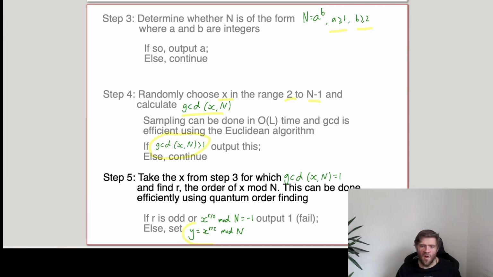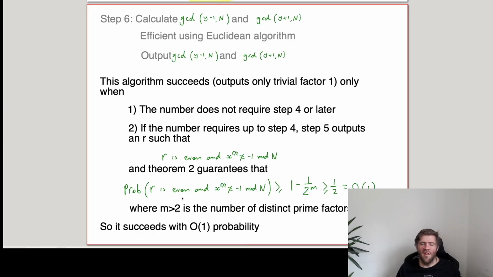Otherwise, we set y to be x to the power of r over 2. Next, calculate the greatest common divisor of y minus 1 and n, and the greatest common divisor of y plus 1 and n, which is efficient using the Euclidean algorithm, and output those lovely factors.